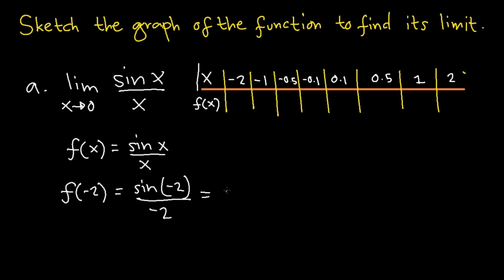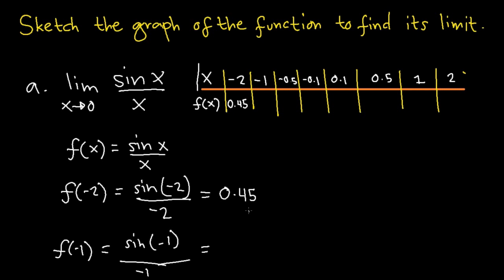So that's equals to 0.45. So i-input din nimo diri ang value sa f of x, 0.45. So next is f of negative 1 is equals to sine negative 1 over negative 1. So that's equals to 0.84.